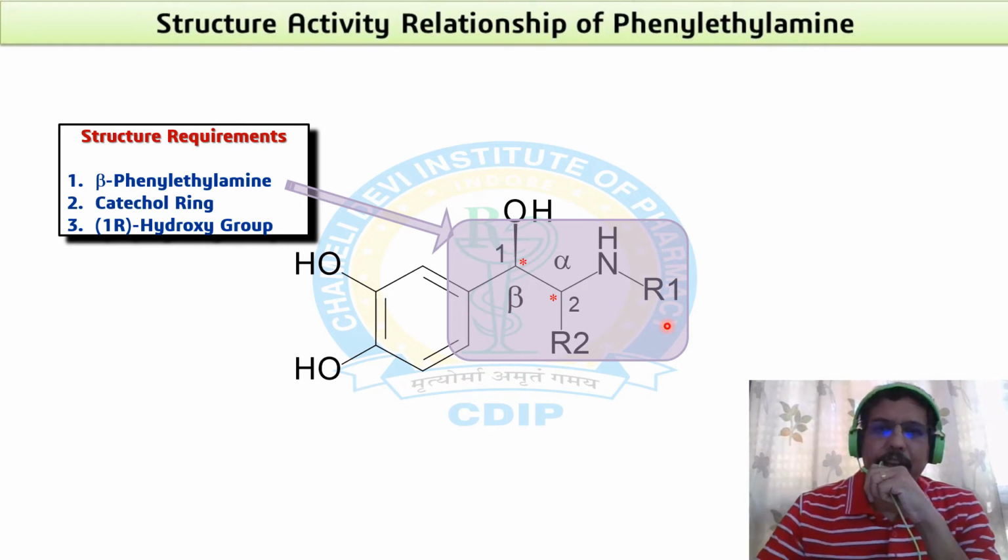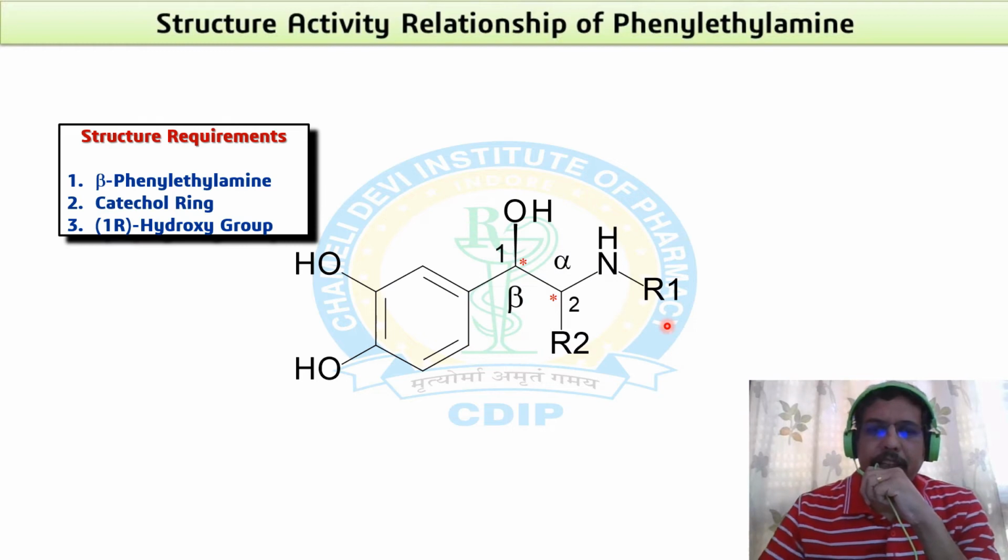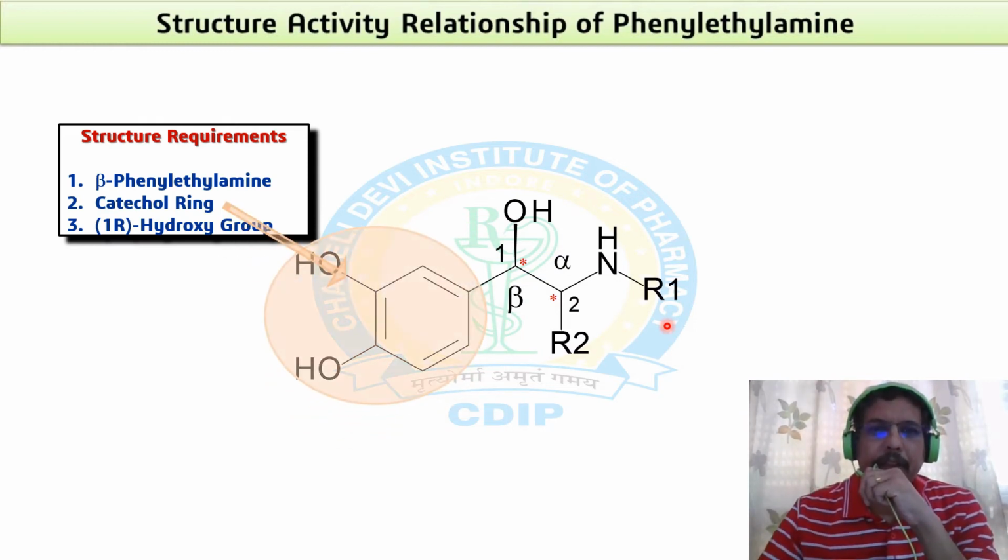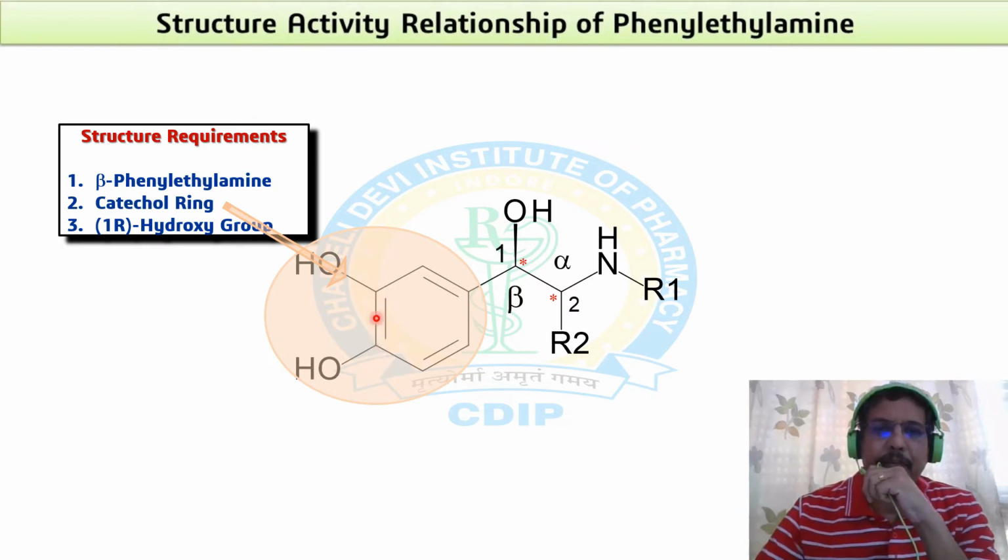Now the second portion is made up of the catechol ring, which is the phenyl ring bearing two hydroxy moieties on adjacent carbons. Such a segment is called the catechol ring.